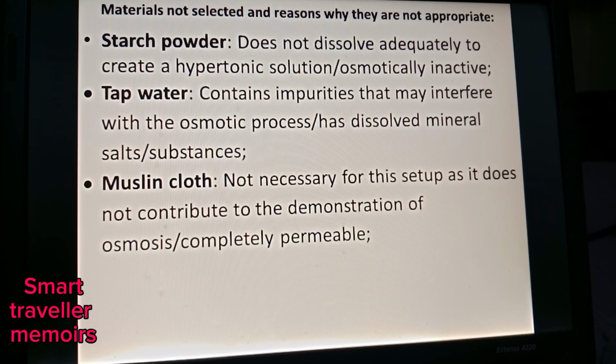Tap water contains impurities that may interfere with the osmotic process because it has dissolved mineral salts and substances. Muslin cloth is not necessary for this setup, as it does not contribute to the demonstration of osmosis. Again, even if you use it, it is completely permeable.